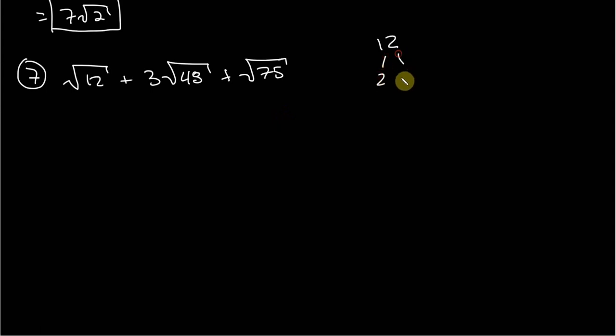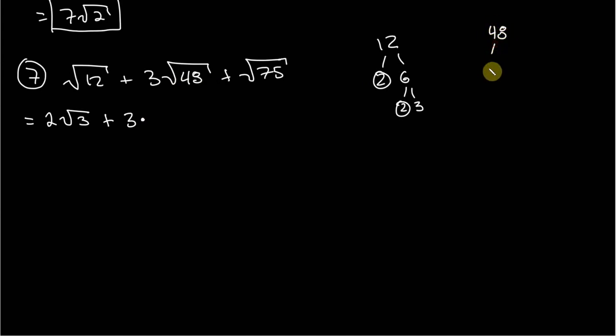So 2 times 6, right? And we know that 6 we can factor down to 2 times 3, so we can factor out a 2. So the first term is going to be 2 root 3. Plus, now we have our 3 here, and we're going to multiply that by the root of 48.